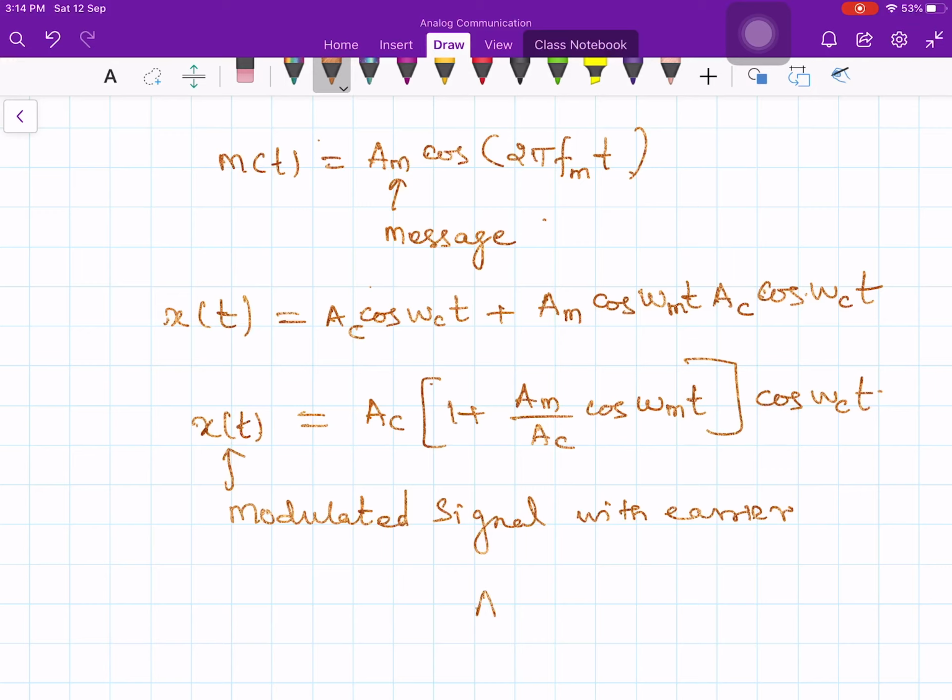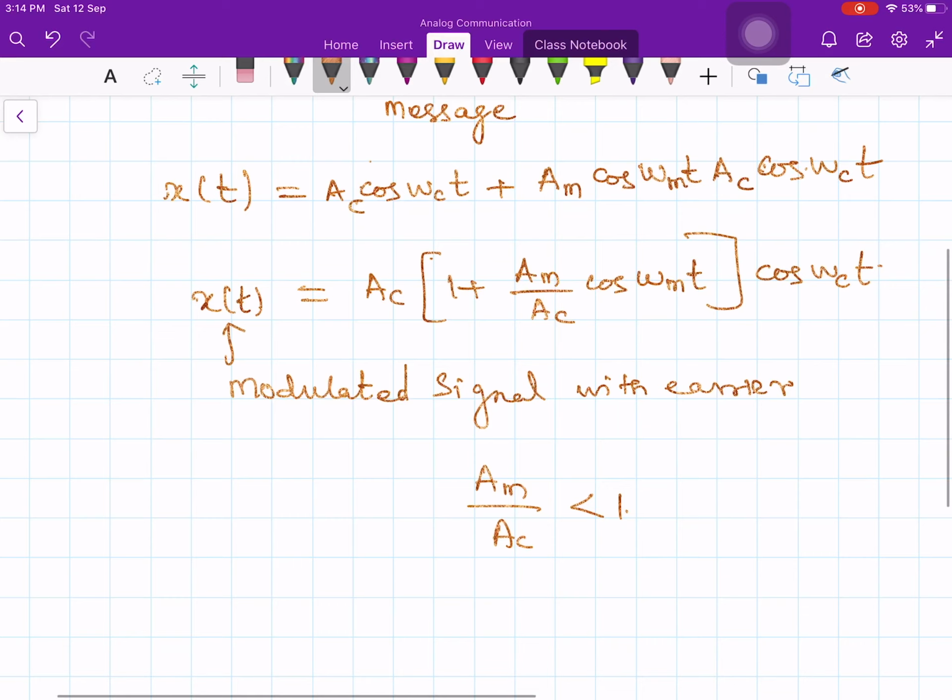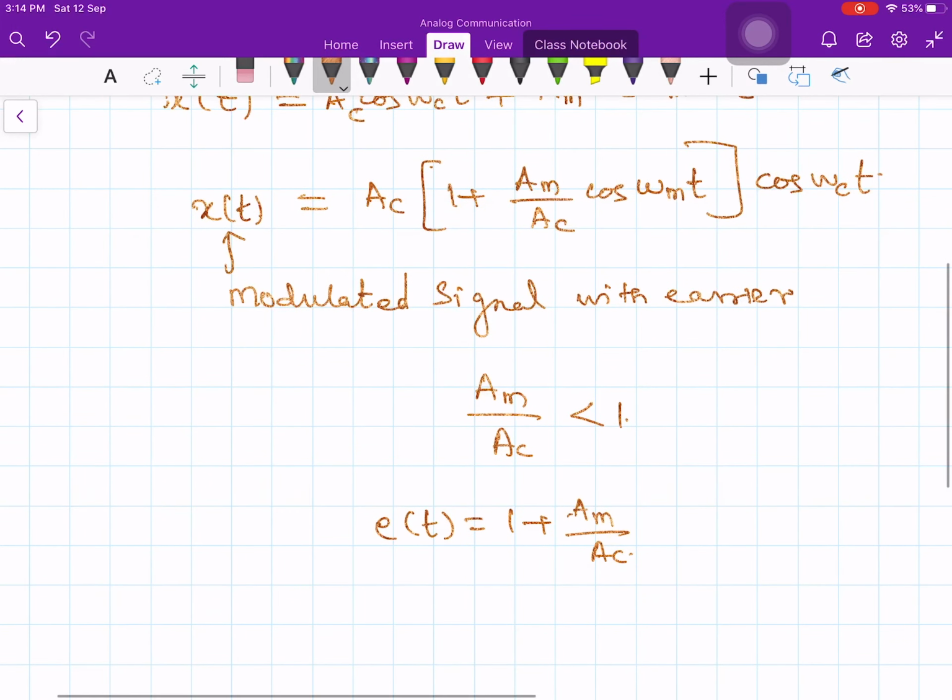This A_m divided by A_c must be less than 1, right? We defined in the previous lecture that E of t is equal to 1 plus m of t, but instead of m of t I have the amplitude. So A_m by A_c, maximum value it can take 1 for a cosine wave cos omega_m t. So this must be less than 1.